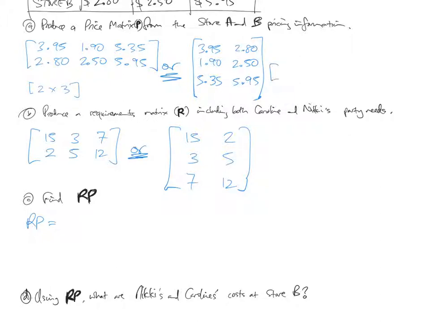The order of the vertical one is 3 by 2. The order of this first requirements matrix is 2 by 3 again. The order of this other orientation for the requirements matrix is 3 by 2. So having a think about that, you cannot multiply those.